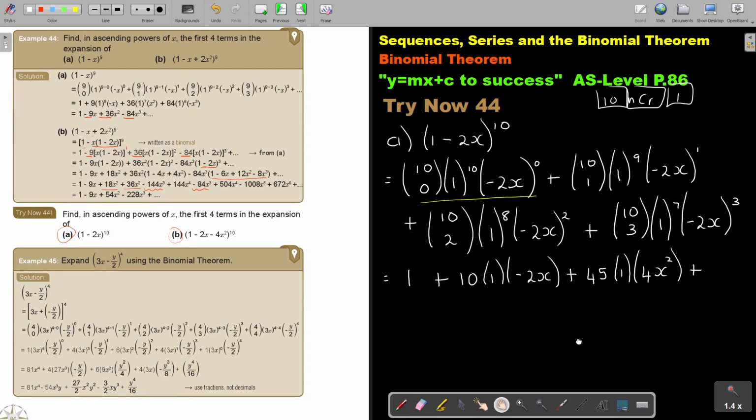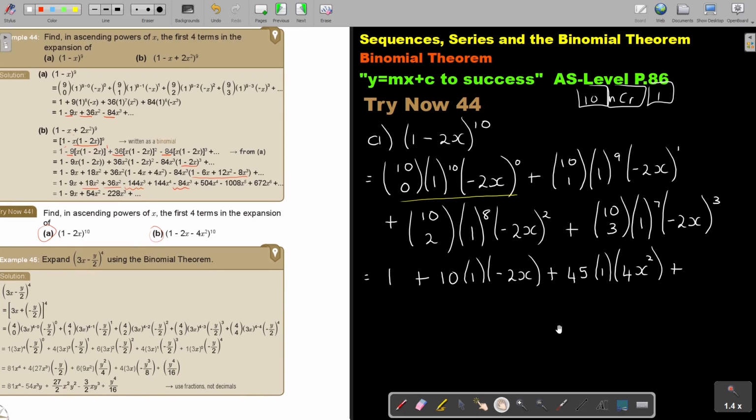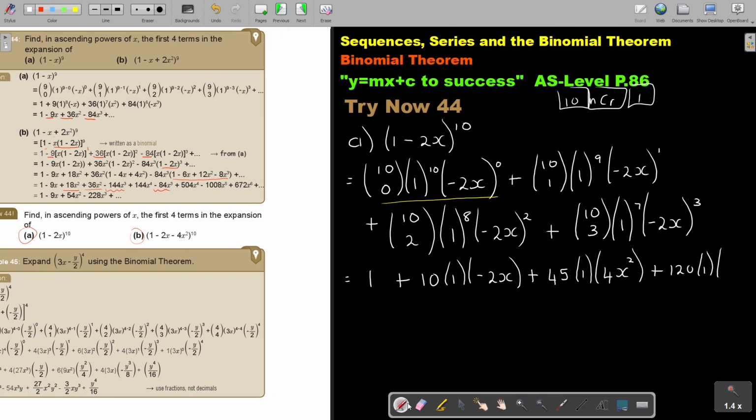Plus, okay, let's just move it, and then 10C3, it's 120, that stays again 1, and then if I do this one, it's negative 8x to the power of 3.